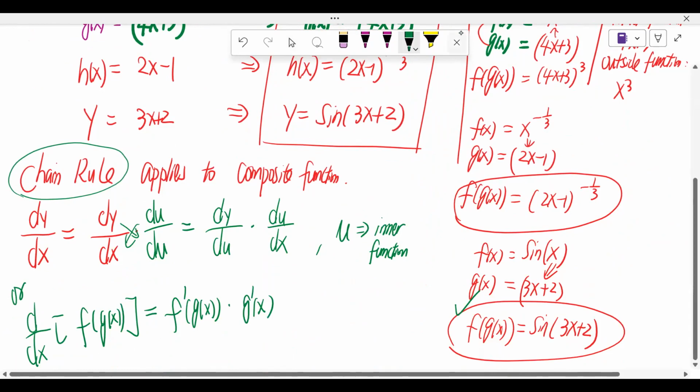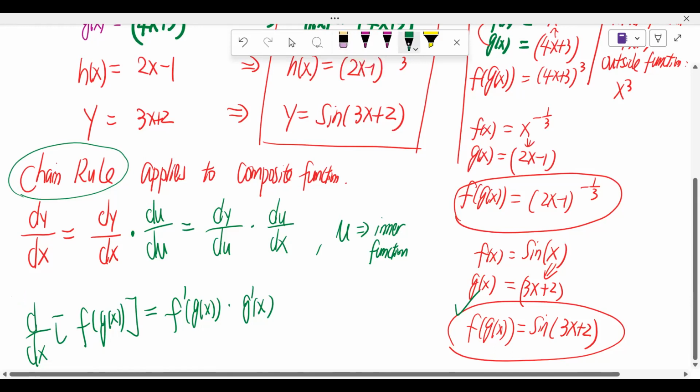They're talking about the same thing. One of them is using the dy over dx notation, the other is purely using f of g of x, the composite function itself. So it's basically two different ways of writing the chain rule.